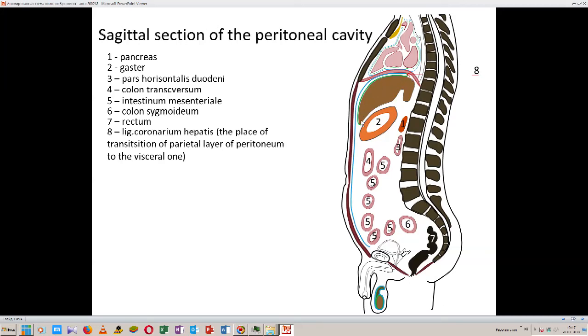For us, it's quite important that in our specimen we can find this place.